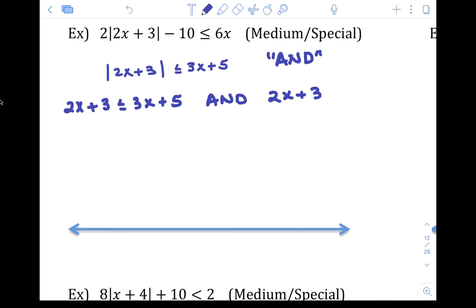Now when you do that, as you learned in the last video, not only do you change 3x plus 5 into -3x minus 5, remember that when you multiply or divide any inequality by -1 or a negative number in general, you must flip the symbol. So the second equation not only got its signs flipped on one side, it also got its symbol flipped and turned into a greater than or equal to.